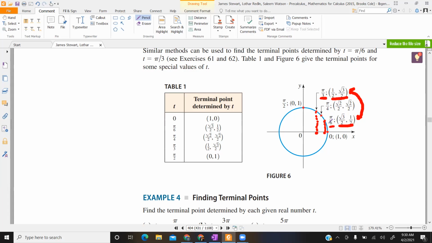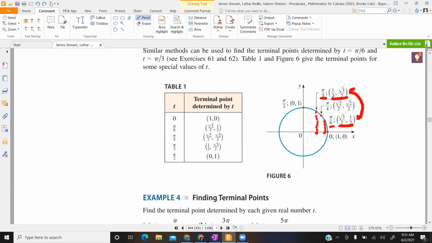So how I remember how these points link up is I say, okay, pi over 6 is smaller than pi over 3. So that means I travel a shorter way along the circle. So that means my x coordinate should be bigger than my y coordinate. And that's how I remember. And notice the coordinates are just swapped.